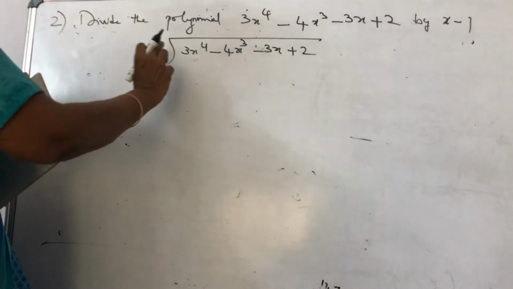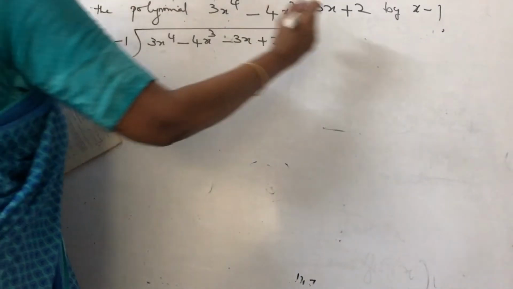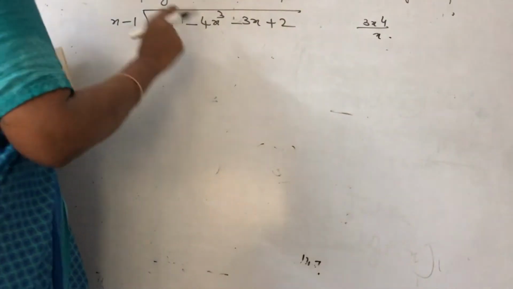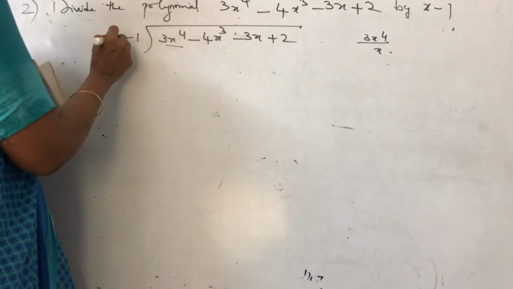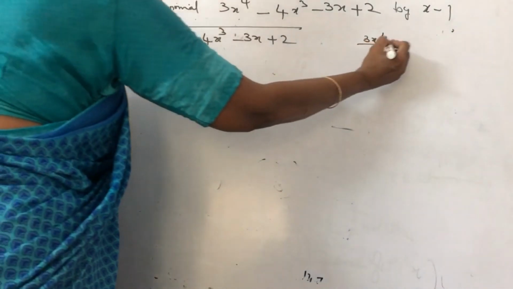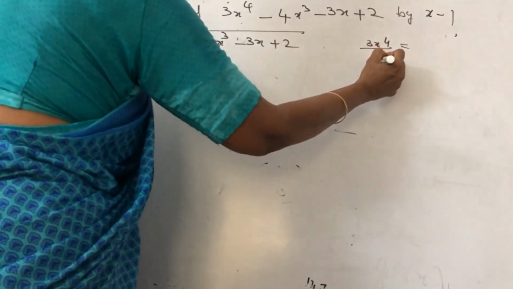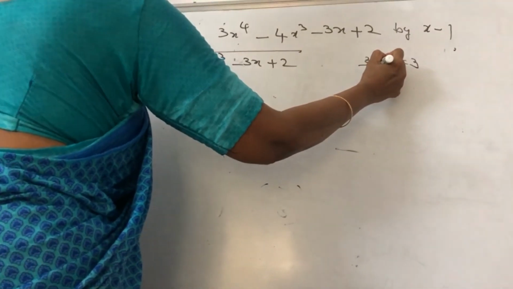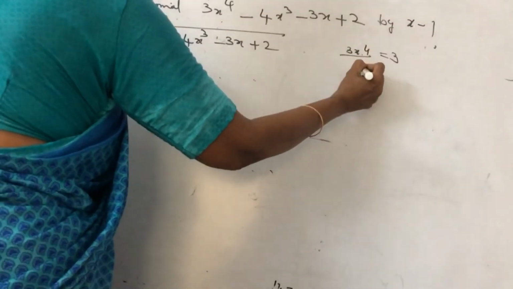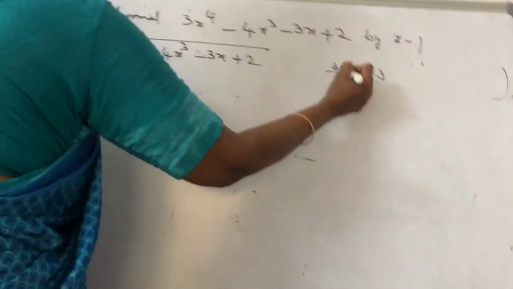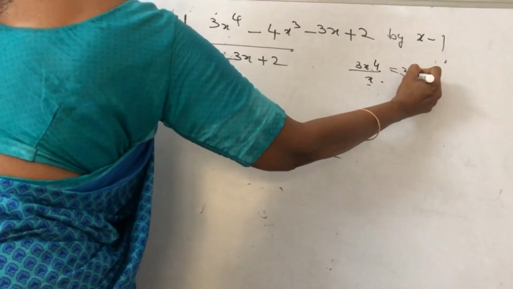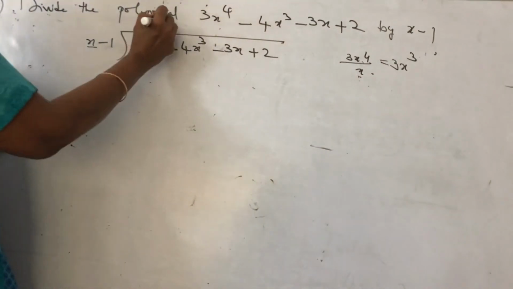The first term of the dividend must be divided by the first term of the divisor. Both are positive, quotient is positive. a to the power of n divided by a to the power of m is equal to a to the power of n minus m. 4 minus 1, that is x cubed.